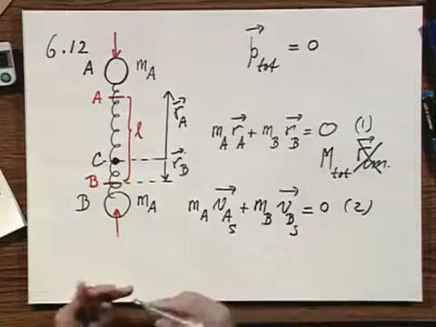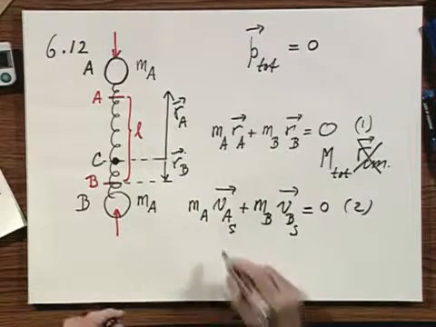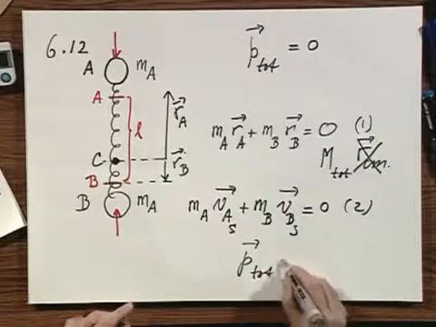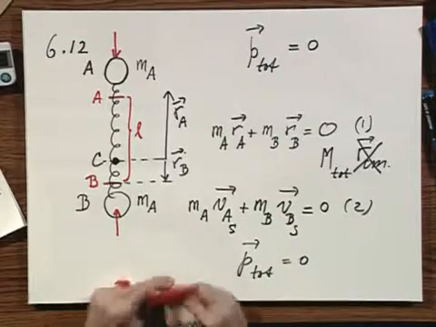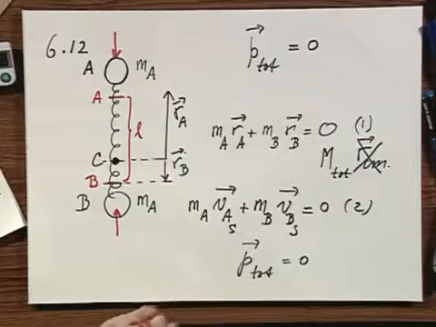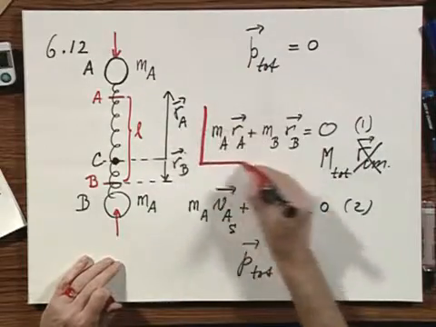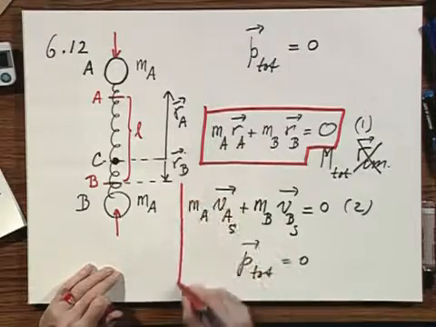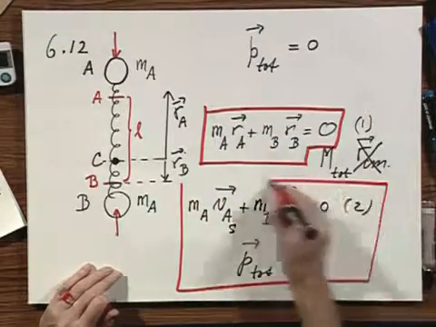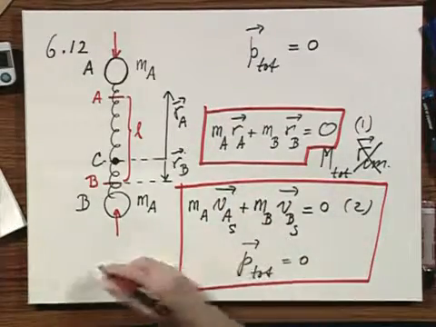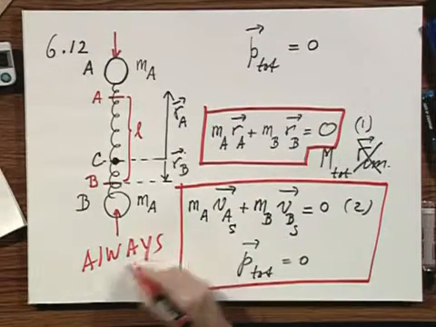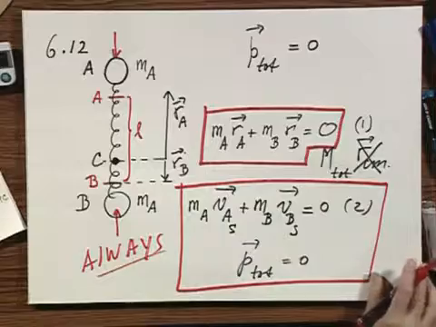That's equation 2. And what do you see here? That this equation is exactly saying P total equals 0. So it is important that you always recognize this throughout the entire motion. This has to be obeyed, always, at any moment in time. The center of gravity has to stay in place.